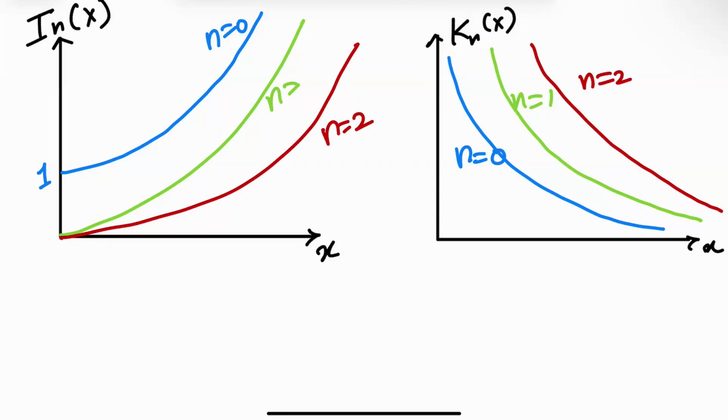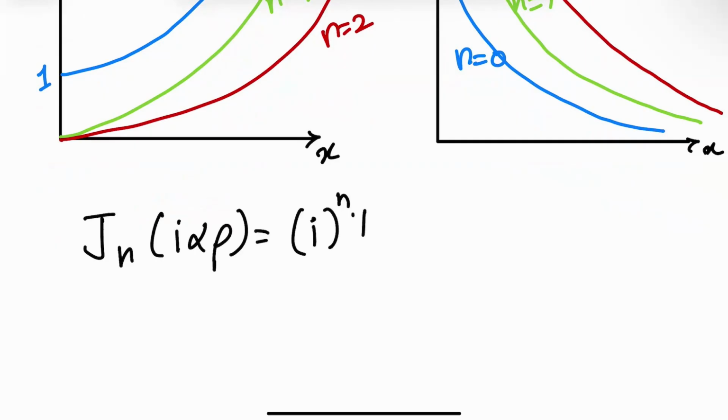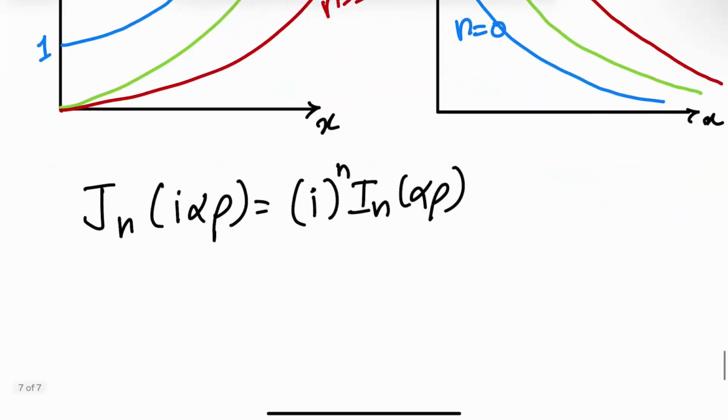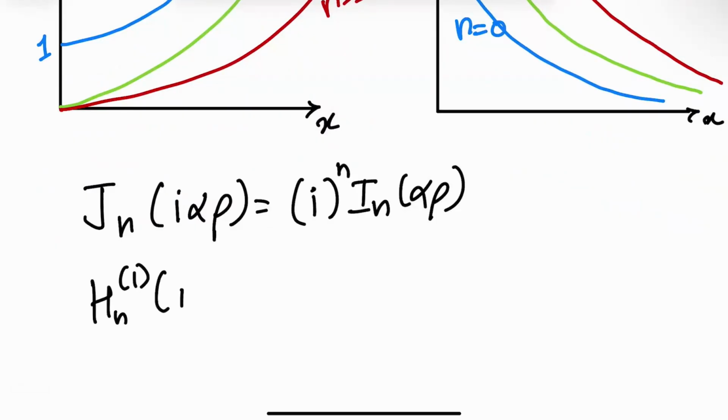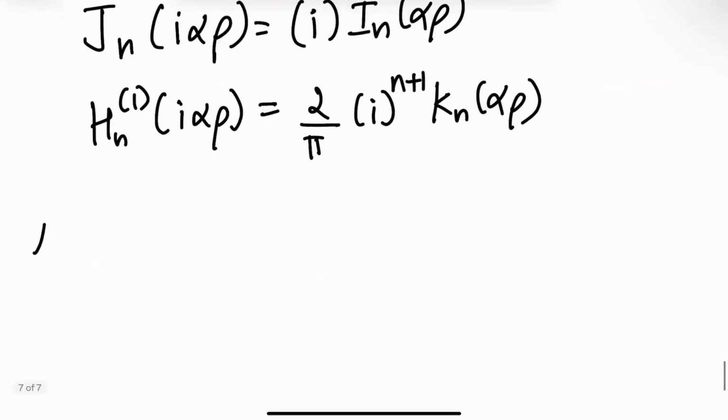Okay, so we also want to look at some of the properties of these functions. So one thing is you can show that they're directly related to the Bessel function as follows. I n of alpha rho is related to the Bessel function of the first kind, and K n of alpha rho is related to the Hankel function of the first kind. They also have asymptotic forms.